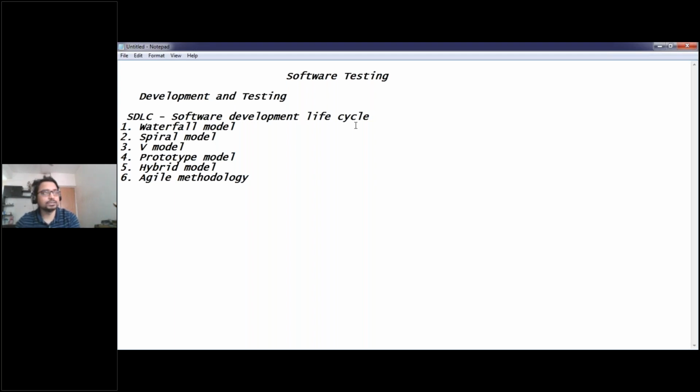Agile is an English word which means fast development. So agile methodology is a method by which you can develop the product as fast as you can. That's why agile is one of the best methodologies we follow in the software development lifecycle.